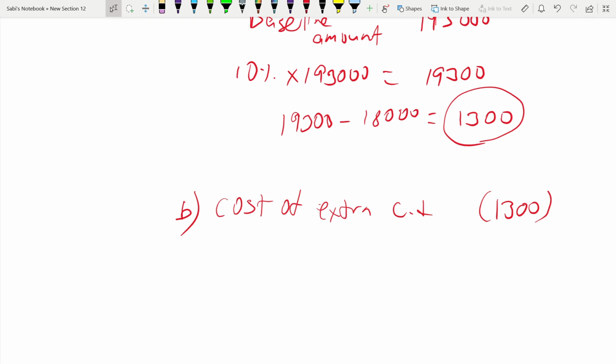Now, without this extra charitable donation, what would have been your IHT?